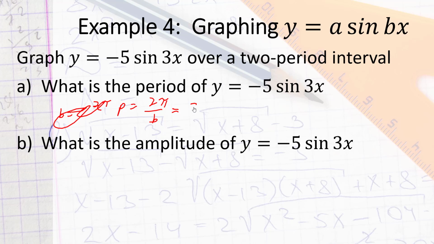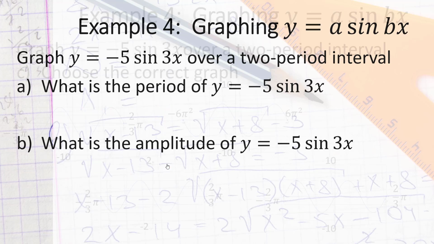So here, this is going to be equal to 2/3 pi. And that's our period. What is the amplitude? Well, remember, the amplitude is the absolute value of a. Okay, well, a is negative 5, so the amplitude is going to be equal to 5.